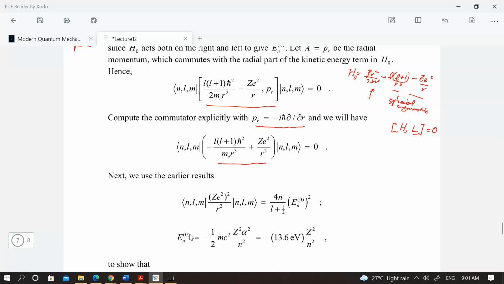We have calculated this form. I can't remember which lecture, but this has been calculated as that. And E_n naught over here is essentially your hydrogen atom energy levels. So we have already calculated this, so we can now calculate that thing.